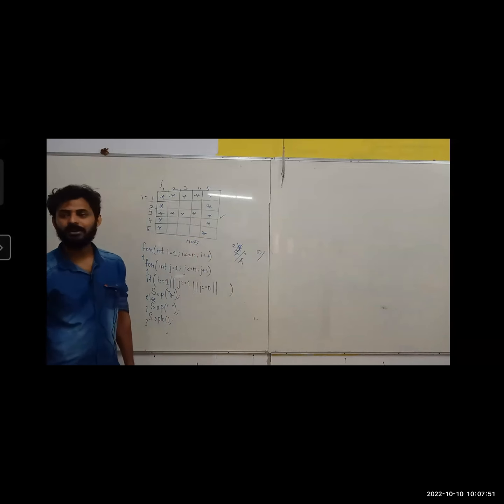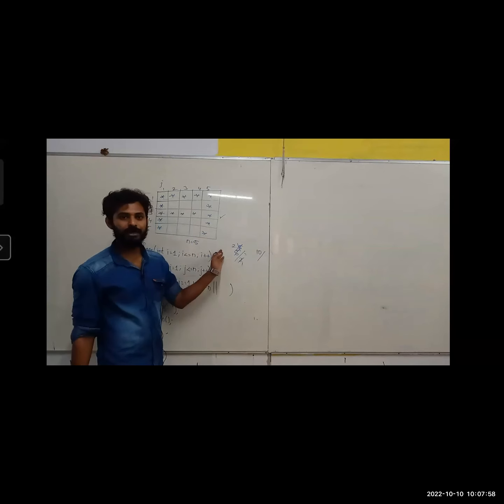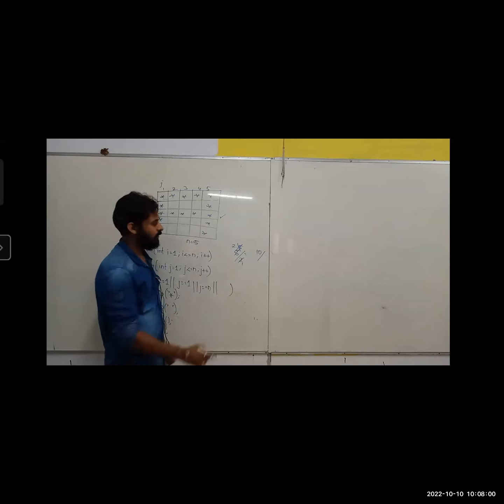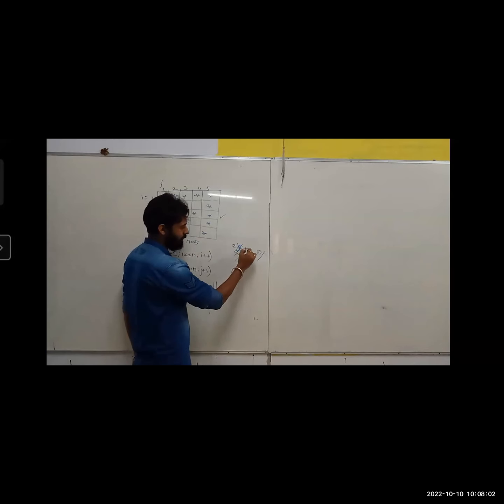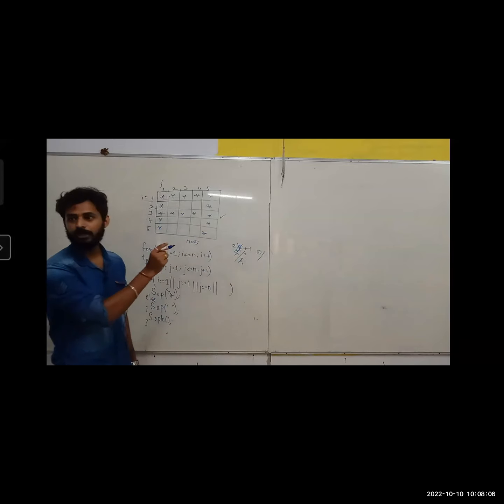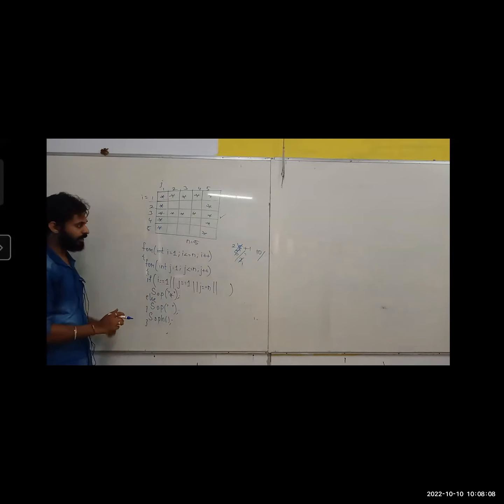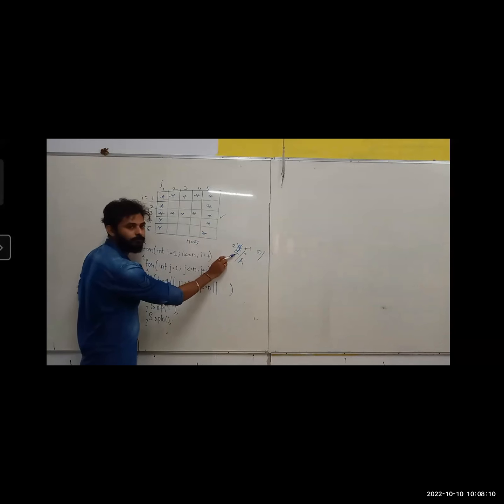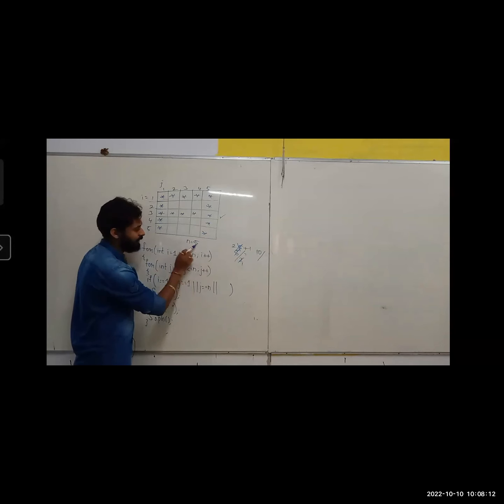Simple. Plus 1 I should do. So whatever value you get, first you divide it, and after that, whatever value you get, plus 1 you should do. What is that value 5 here? 5 is nothing but n.